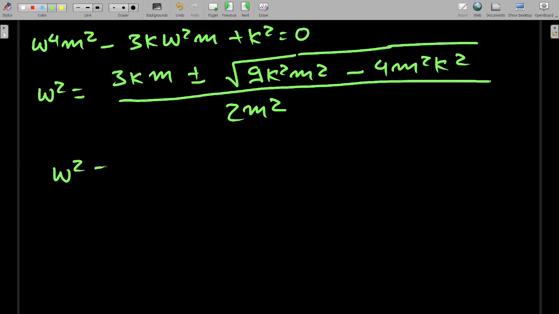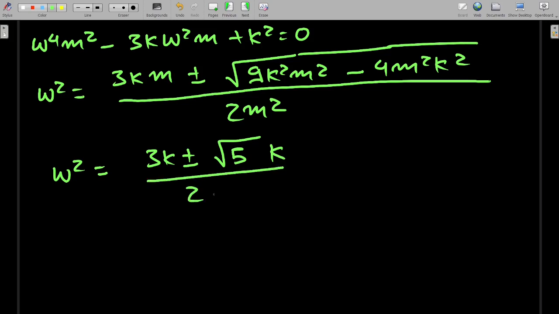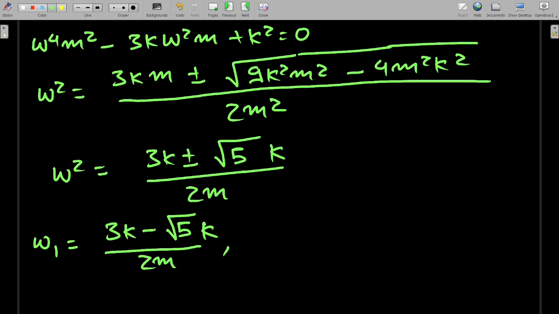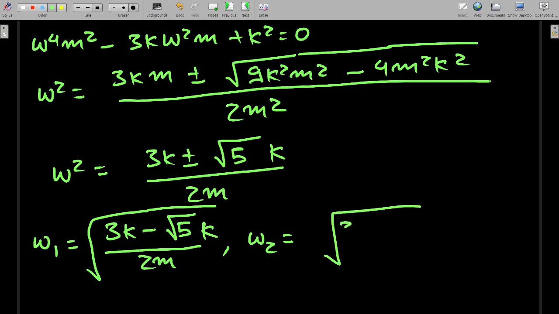In the next step, m will get cancelled, then we get omega square equal to (3 plus minus root 5)k upon 2m. For the value of omega, omega 1 is under root of (3 minus root 5)k upon 2m, and omega 2 is under root of (3 plus root 5)k upon 2m.